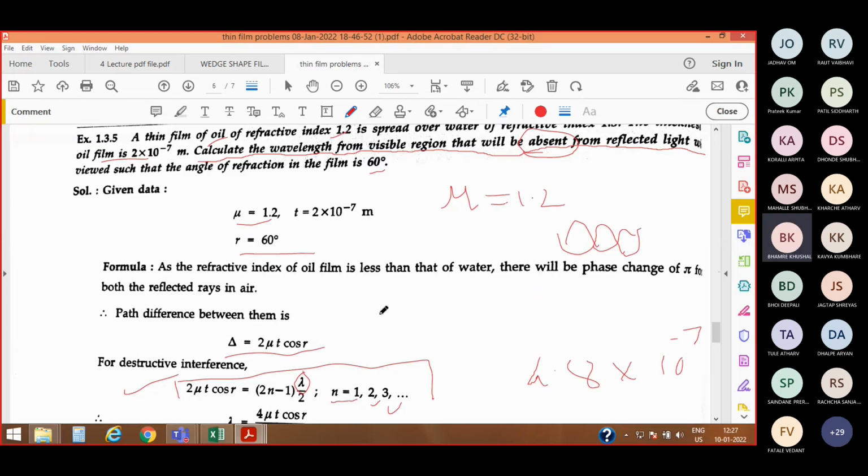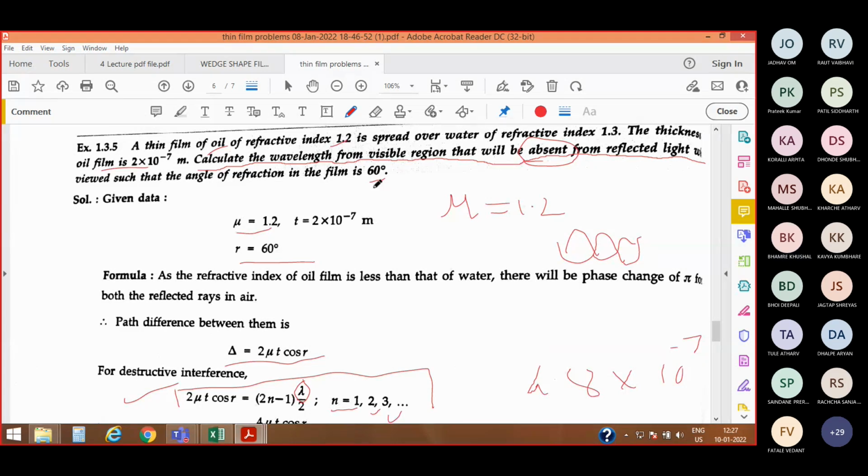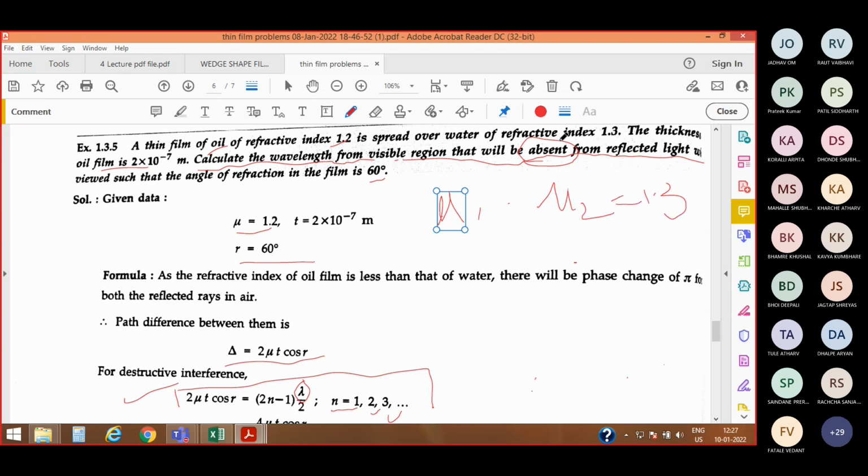Next problem, solve this problem. First write the problem. A thin film of oil of refractive index mu is spread over water of refractive index 1.3. The thickness of the oil film is t.